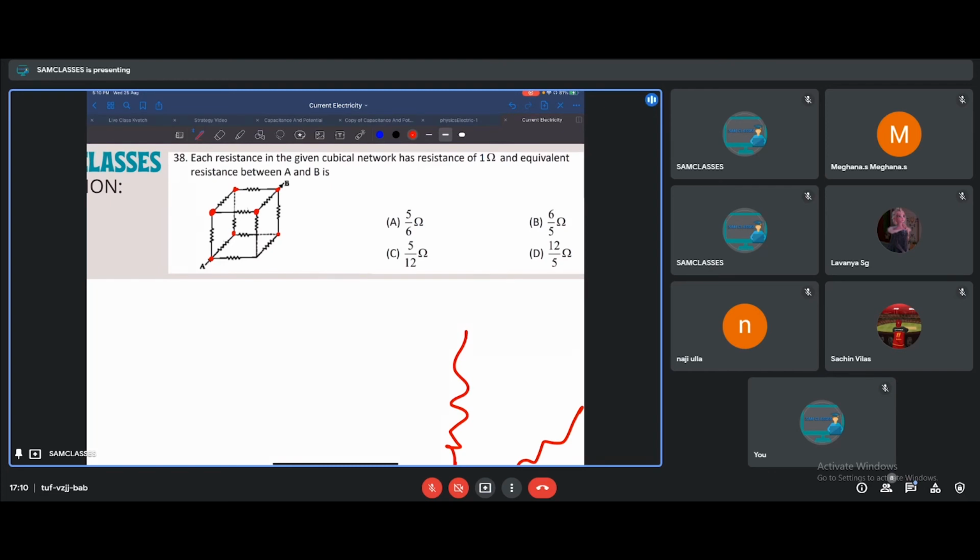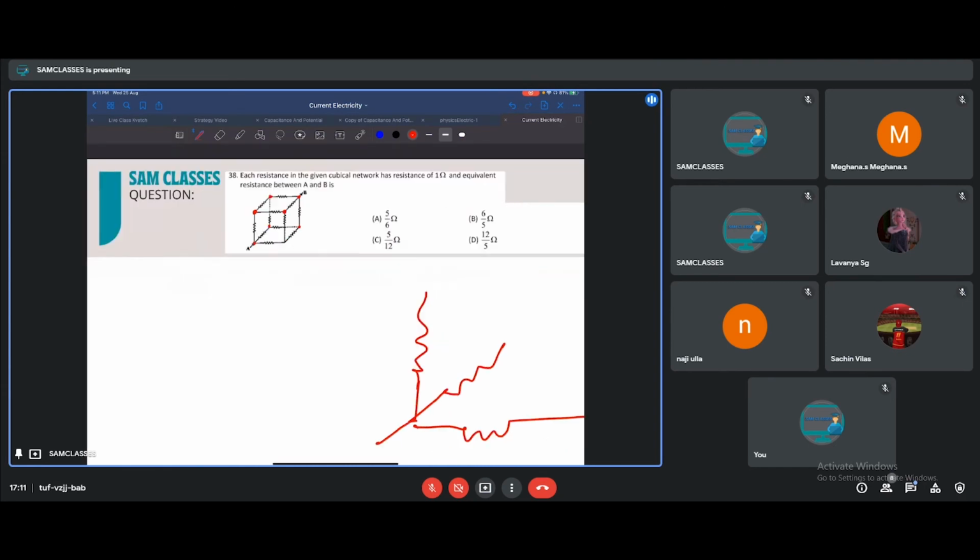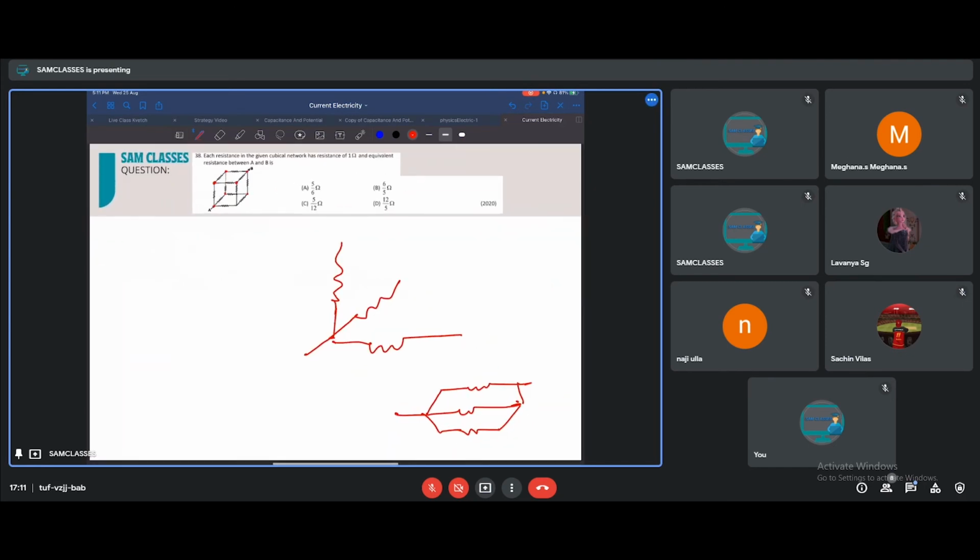Any idea? It's a very simple case. I think a lot of people have done it for PU, but we don't have to write that much here. If you haven't done it for PU, no problem. Now see the first 3 you'll get like this, 1, 2, 3.